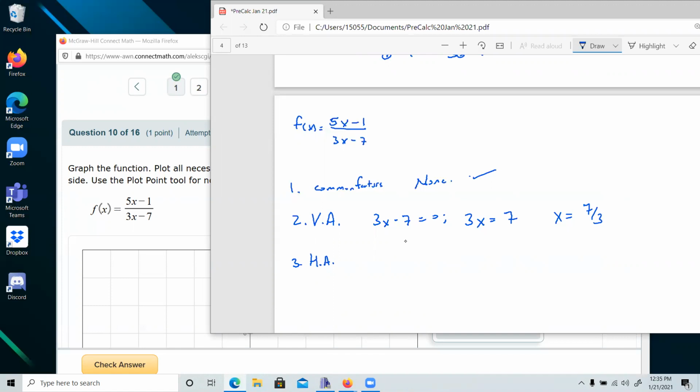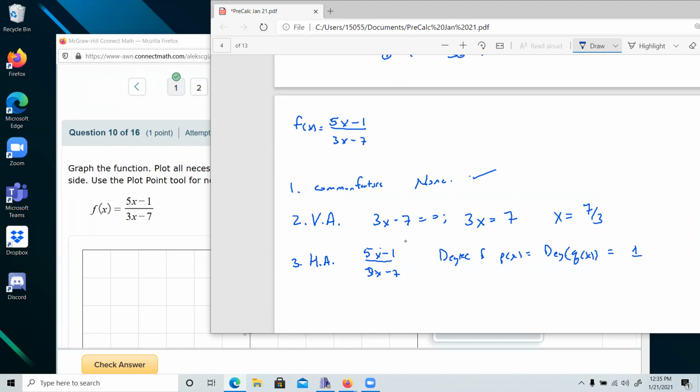What about the horizontal asymptote? Well, the top is 5x minus 1. The bottom is 3x minus 7. Since the degree of the top and the bottom are the same, we use DEG. That will be the degree of Q of x, and they're both equal to 1.